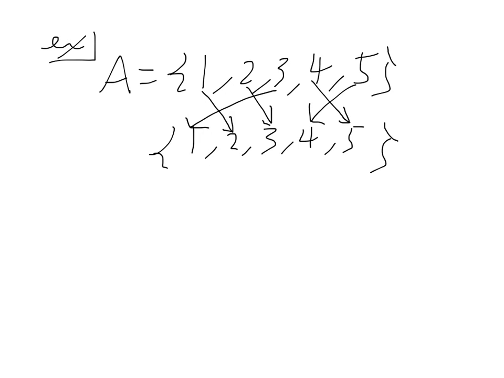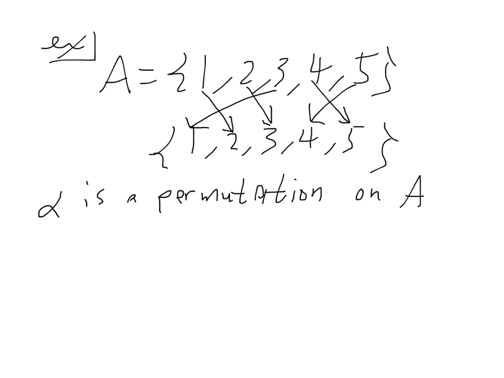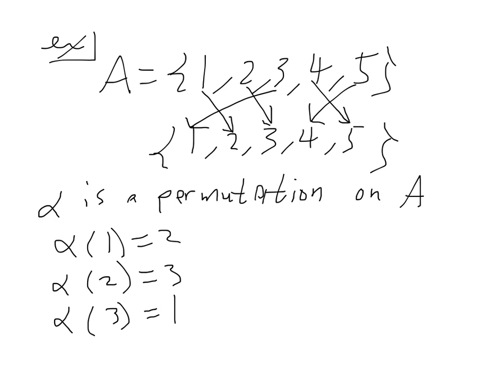So this permutation, if I were to give it a name, say alpha, so alpha is a permutation on A, and let's see, alpha of 1 is equal to 2, alpha of 2 is equal to 3, alpha of 3 is equal to 1, alpha of 4 is equal to 5, and alpha of 5 is equal to 4. So I'm just telling you where those arrows up above are pointing.